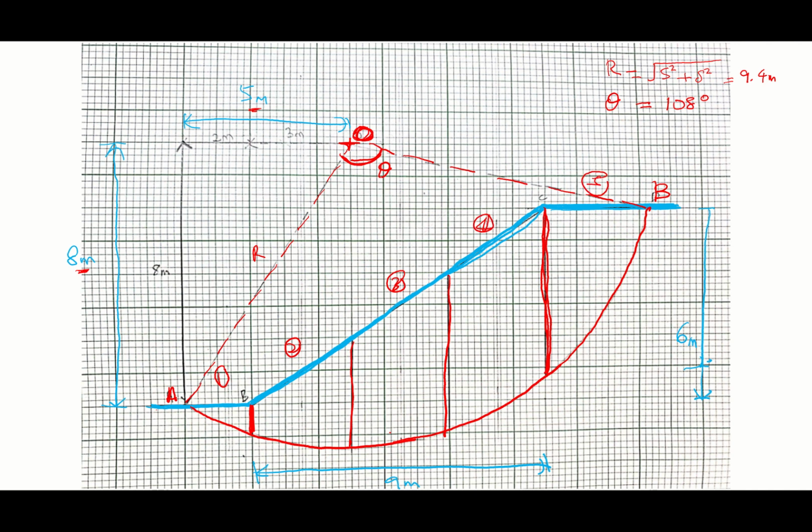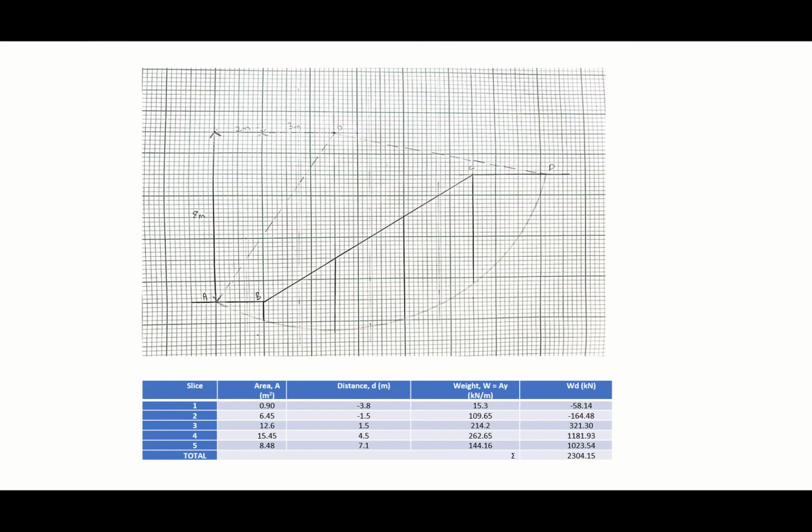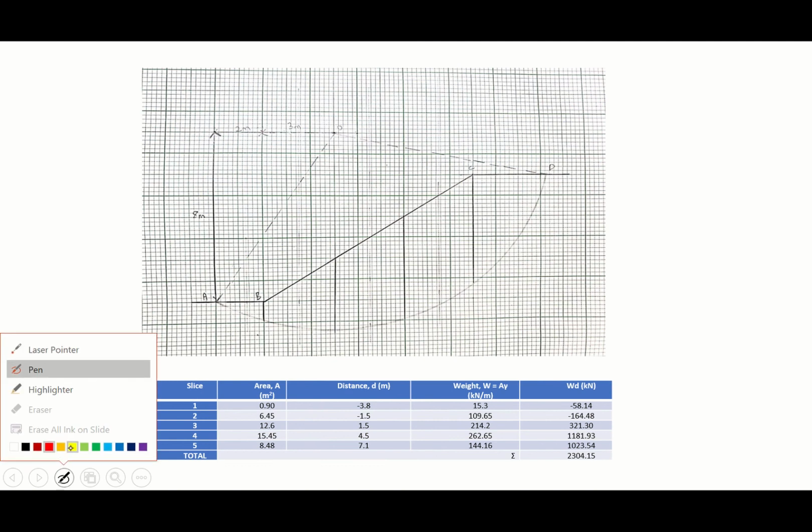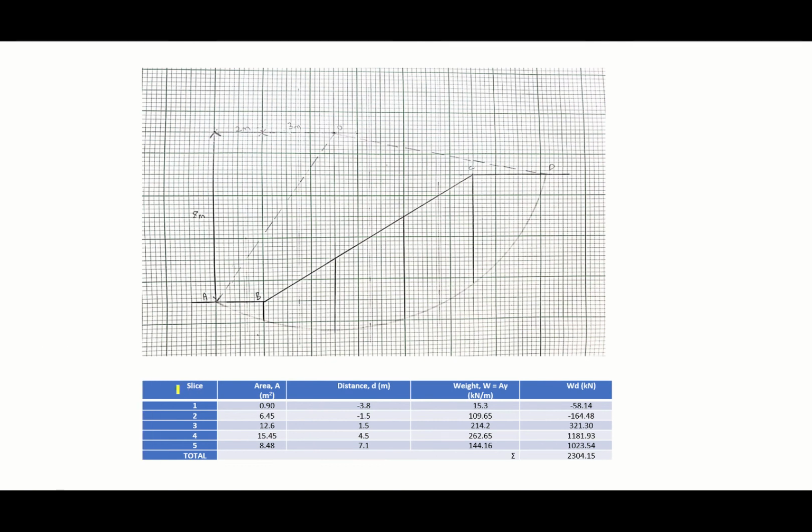Okay, next from your workbook, it says that you make a table. The table is to organize all of our answers, and this is the recommended table. You have area, distance, weight, and W times D. Okay, you have slice number, and then you have area, and then you have distance.